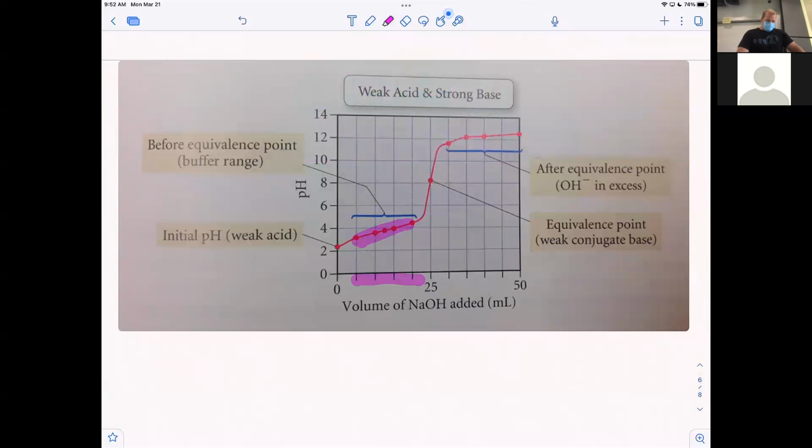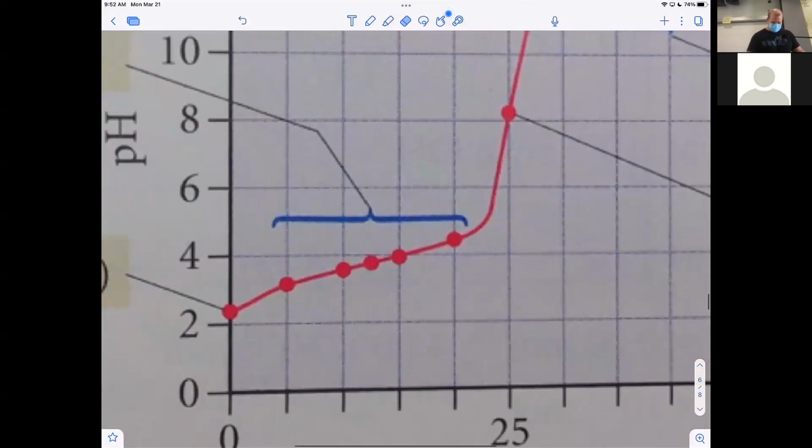So it goes up very incrementally. This area here, this is the buffer zone. Buffers don't work over any pH. They work over a specific set of pHs. And also, it's not as pronounced in the middle.